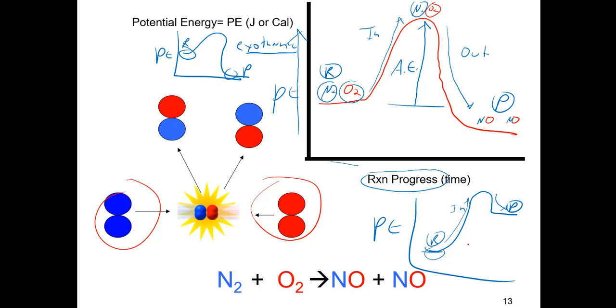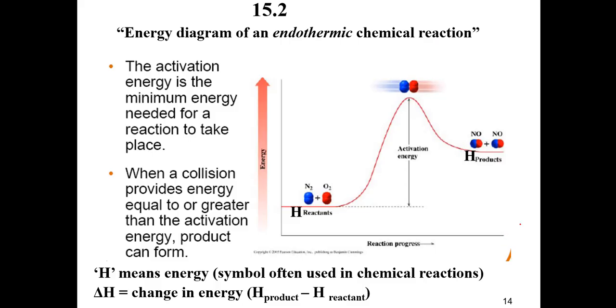You can see the potential energy of the reactants is lower than the energy of the final products. So we say that this is an endothermic reaction. A lot more energy is required to go in than is released. So this is an example of a potential energy diagram that is endothermic. You should be able to recognize that.